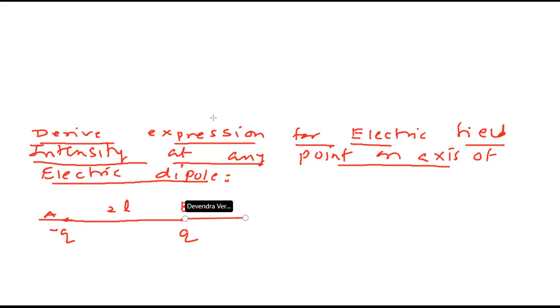Axis means the line joining the negative charge and positive charge. So this line is the axis.